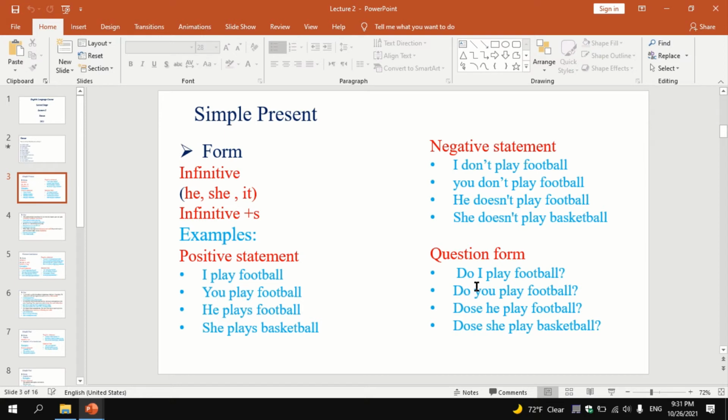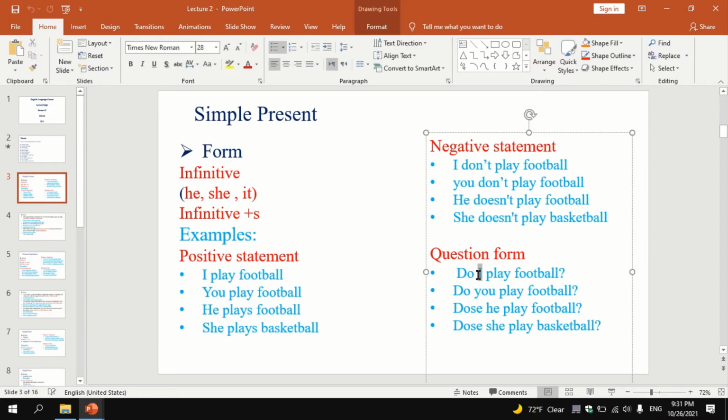We use do because the subject is I and you. Does he play football? Does she play football? We see that we use does with he or she. This is for the positive, negative, and question form.